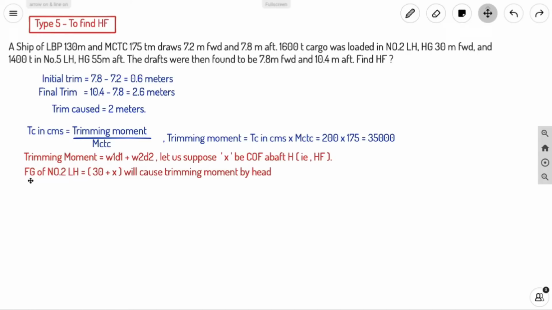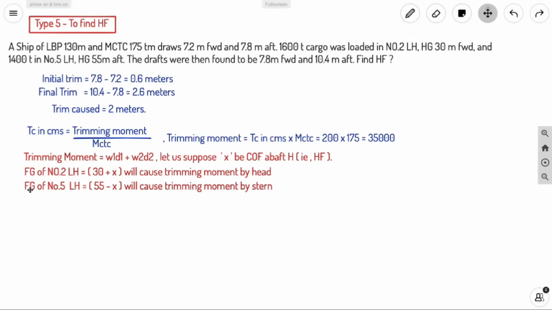So we can say the center of flotation to center of gravity of number 2 lower hold is 30 plus X, since we are considering COF abaft midship and number 2 lower hold is 30 meter forward of midship. The trimming moment will be by head since we are loading forward.